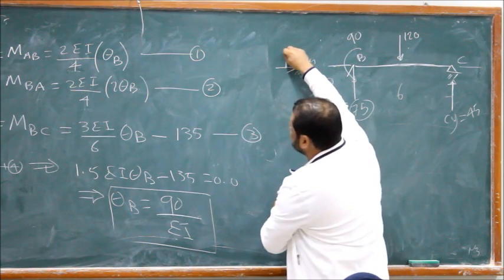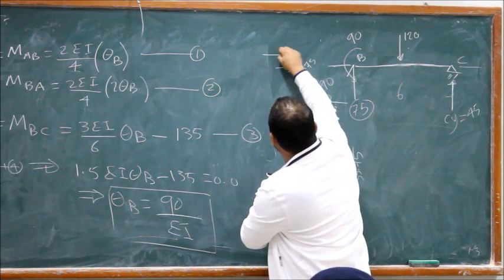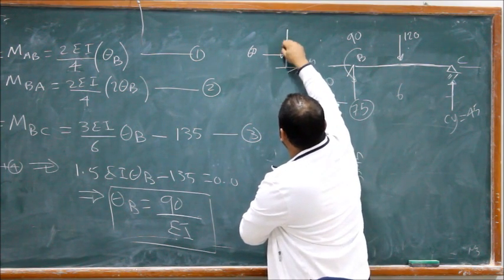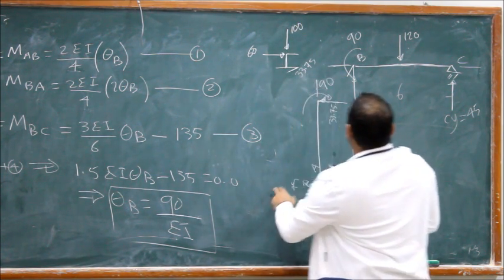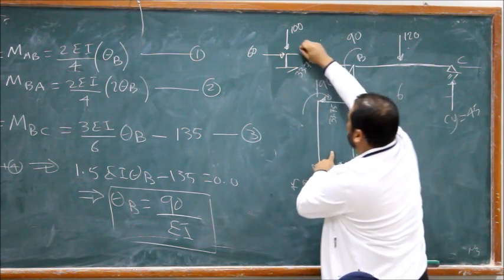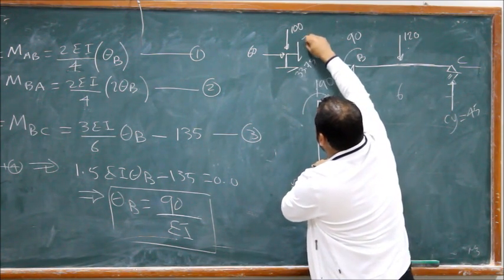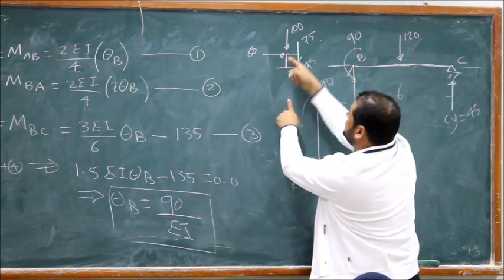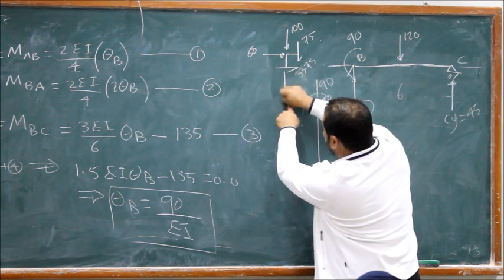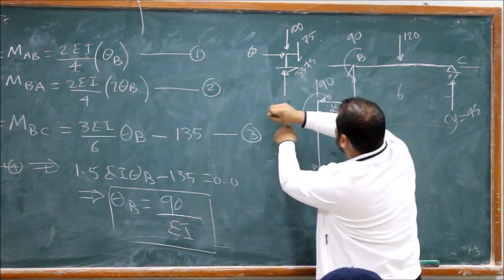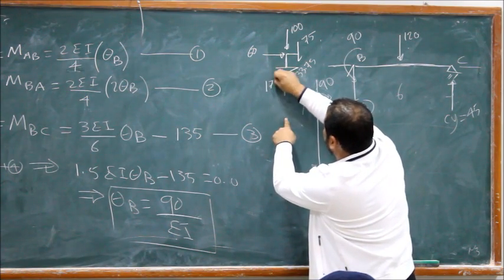And what do we have in the joint? We have 60 and we have 100. Good? So how much is this one? 75 up. So this one is 75 down. So if this is 75 and this is 100 down and 75 down, how much is this one? 175.